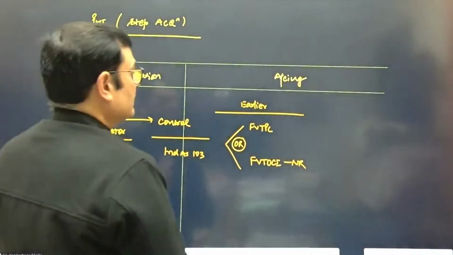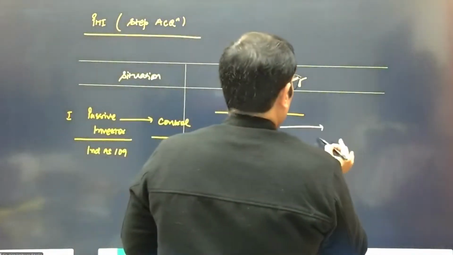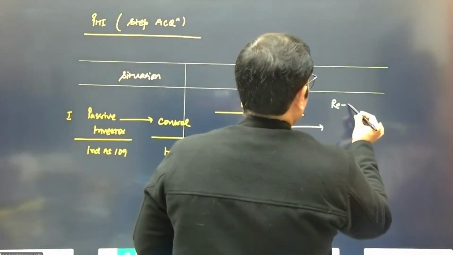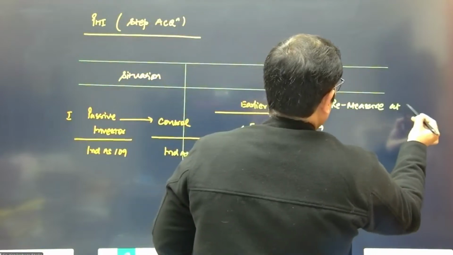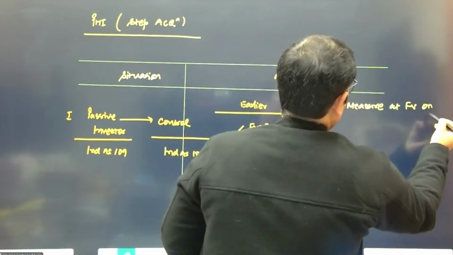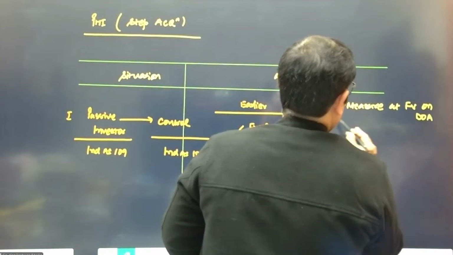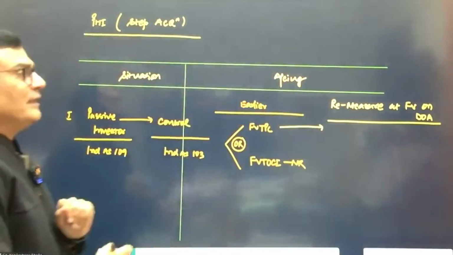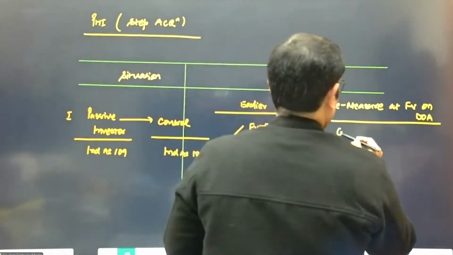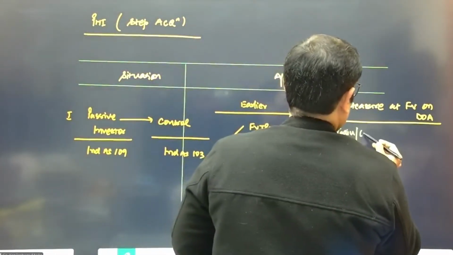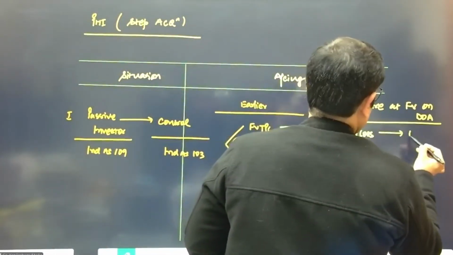If you accounted under FVTPL, we will remeasure at fair value on date of acquisition. In this case, the gain or the loss will enter the profit and loss account.